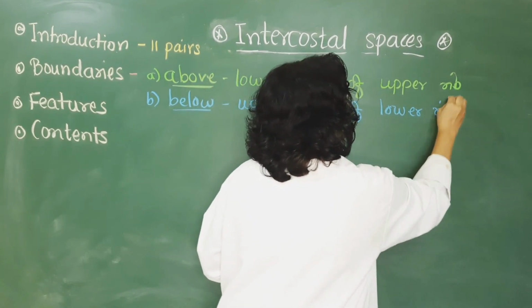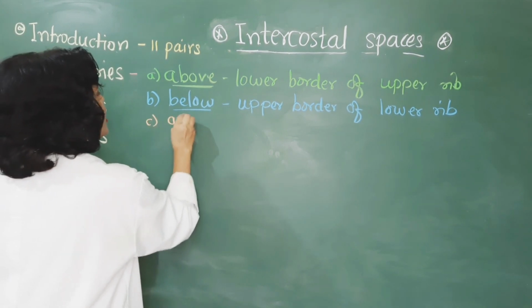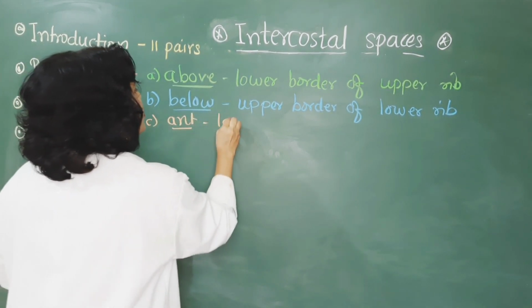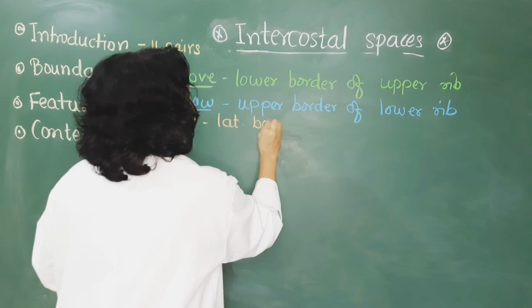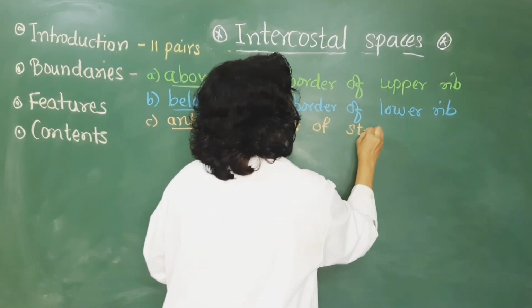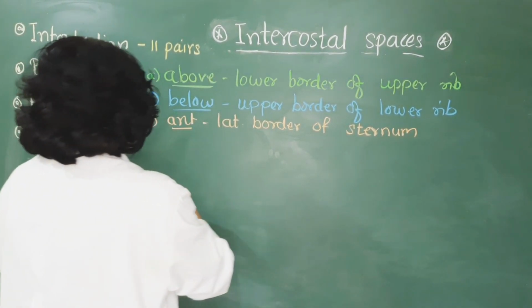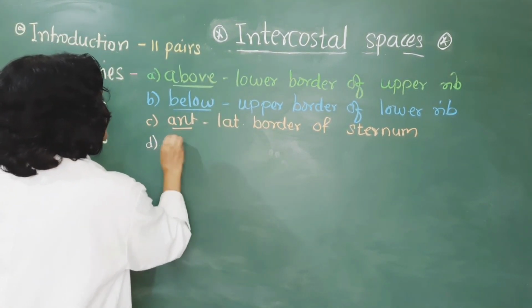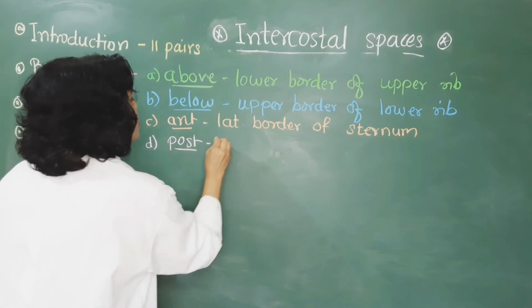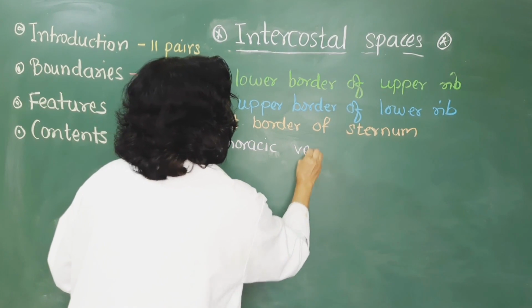Anteriorly, it is bounded by the lateral border of the sternum, while posteriorly it is bounded by the thoracic vertebrae, or you can say the body of the thoracic vertebrae.